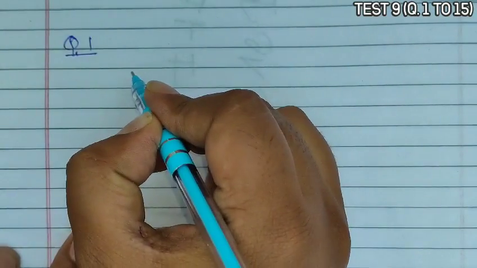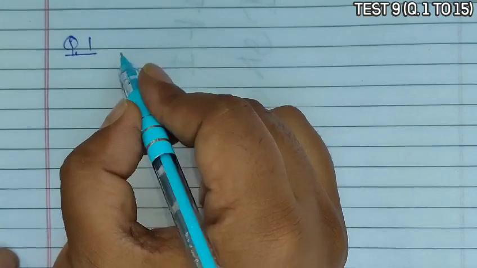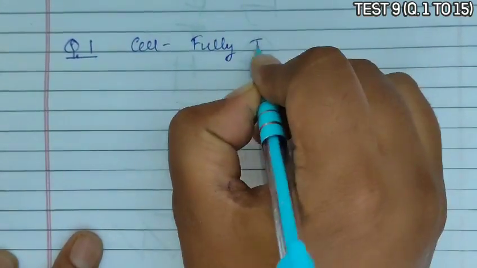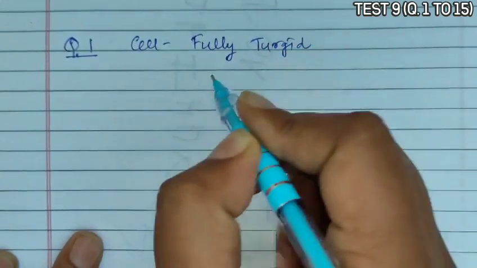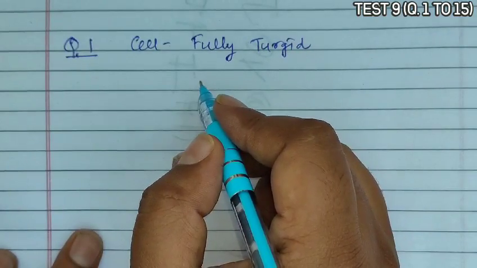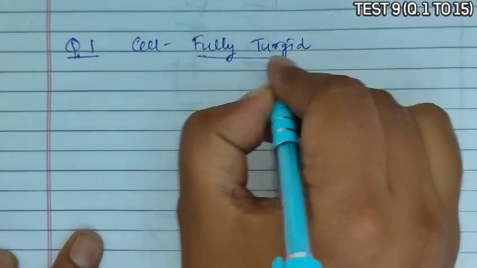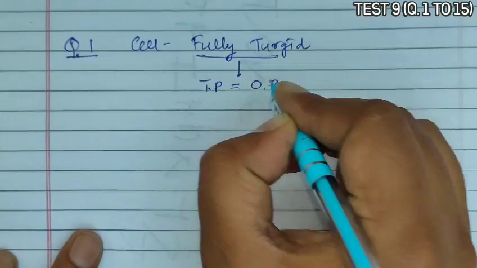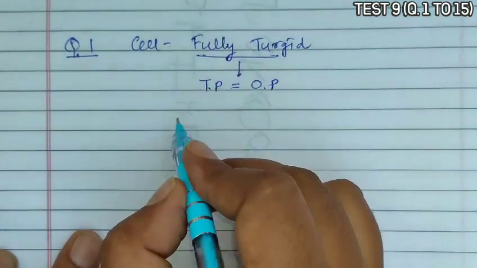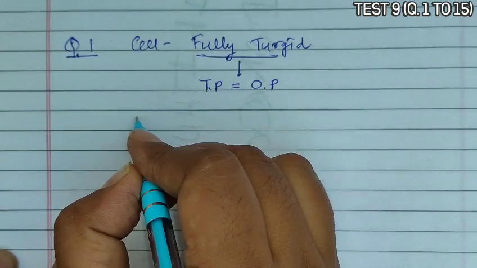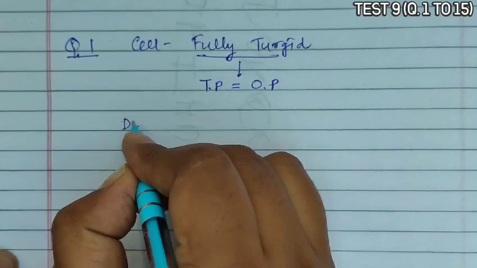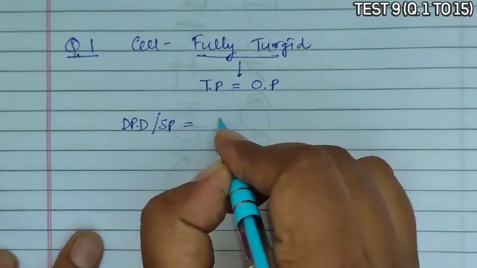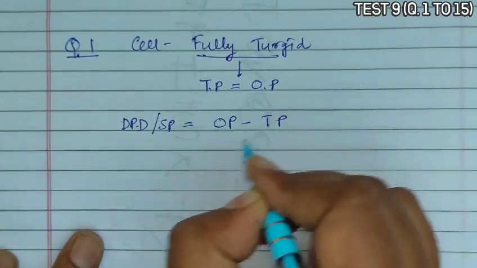Question 1 asks that when a cell is fully turgid, which of the following will be 0? Now in a fully turgid cell, turgor pressure is equal to osmotic pressure. Now when turgor pressure is equal to osmotic pressure, DPD, that is the diffusion pressure deficit, or suction pressure, is equal to OP minus TP.